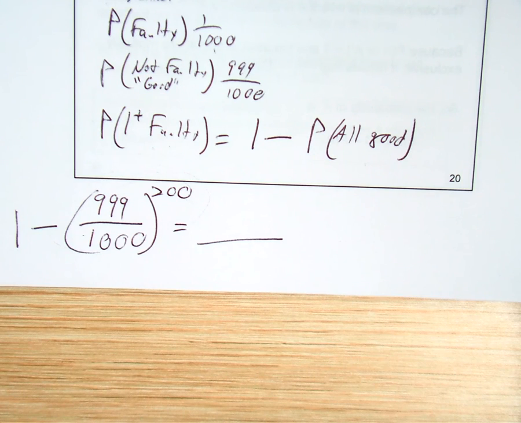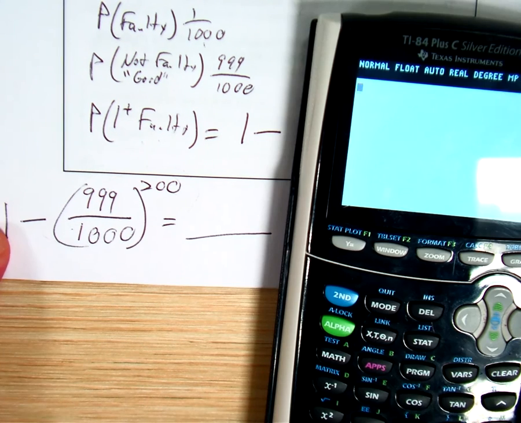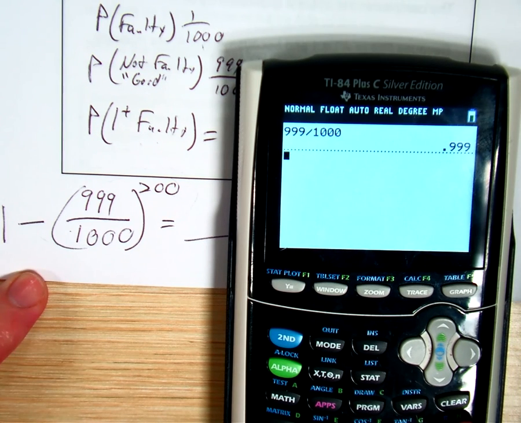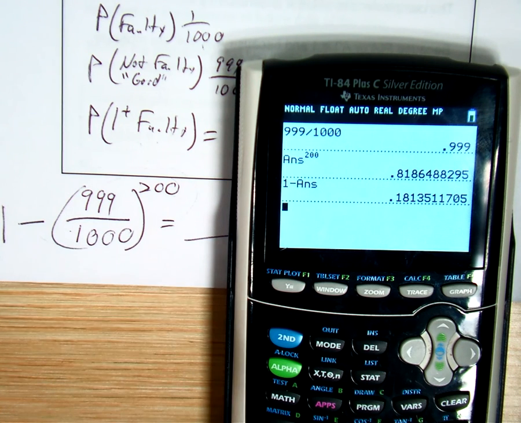So we have 999 divided by 1,000, 0.999, to the 200th power, 1 minus that, all right, and our probability that one or more is faulty is 0.181.